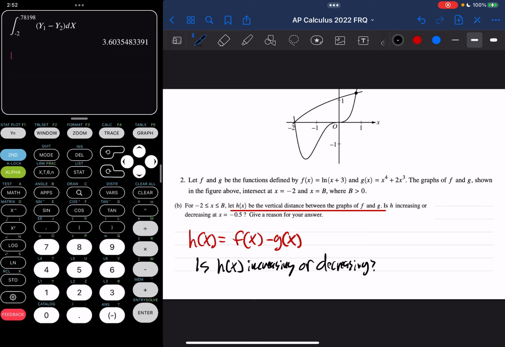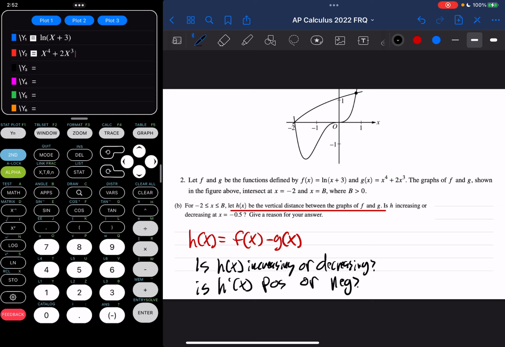Now, a related question would be, is h prime of x positive or negative at x equals -0.5? So what we can do is we can find the derivatives of these two, or we can find them all together.